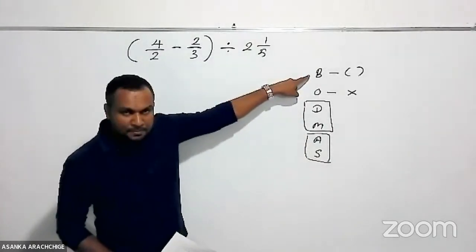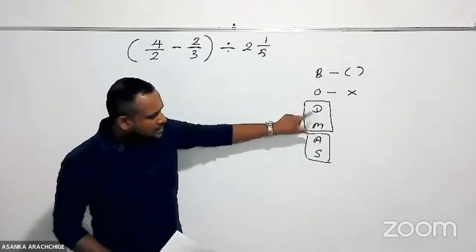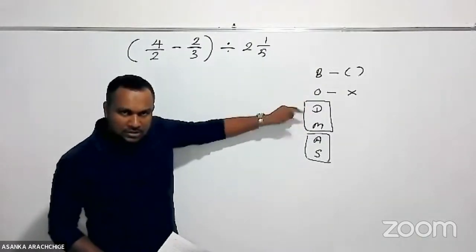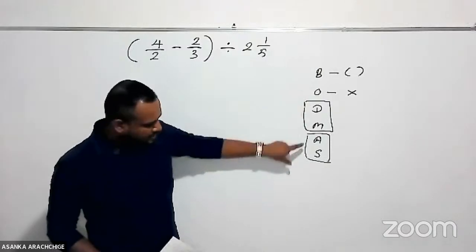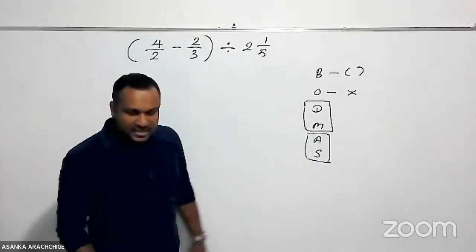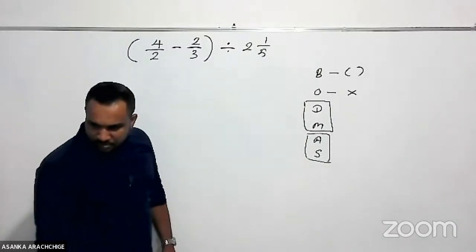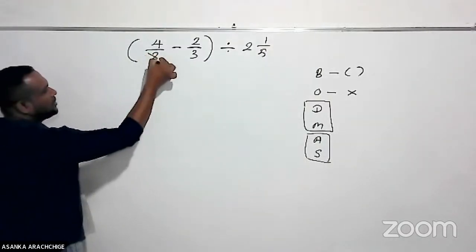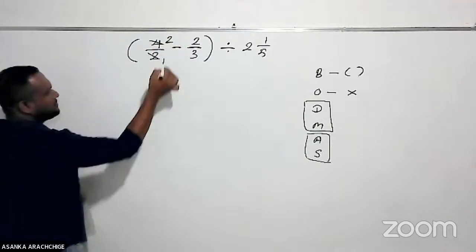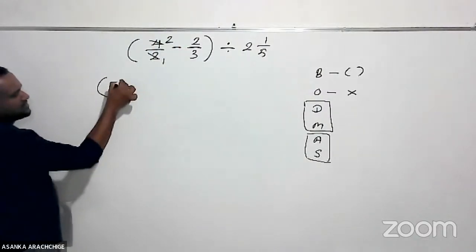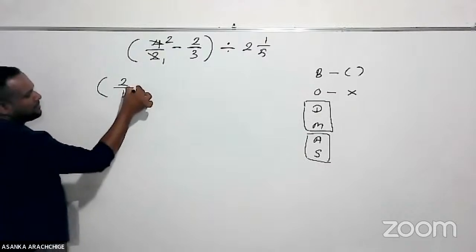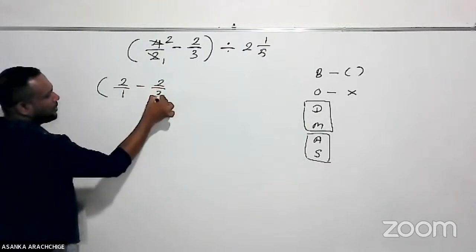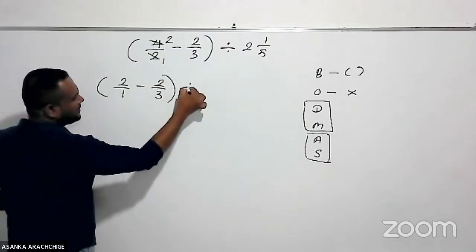But always brackets first, then of, division or multiplication, both equally important, and so are addition and subtraction. Right. So here 2 times 1, 2 times 2, which means 2 upon 1 minus 2 upon 3 division.